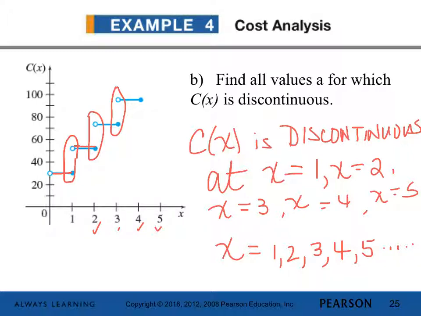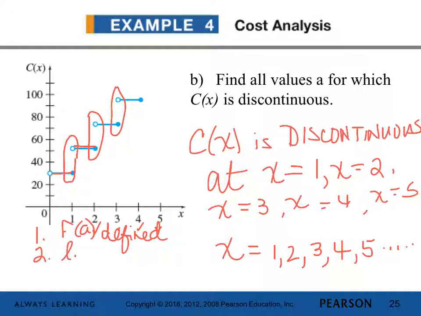So there's your idea of continuity. Just a quick review. Remember that there are 3 steps to test for continuity. Step 1, for continuity at some number a: is f of a defined? Does it exist? And if that's true, then you go to step 2.